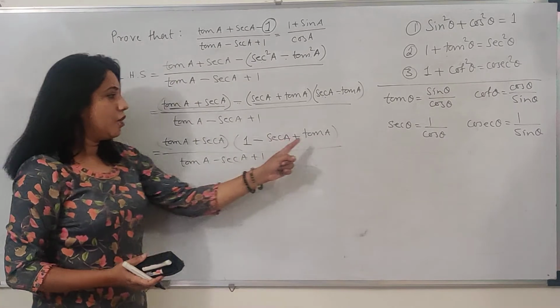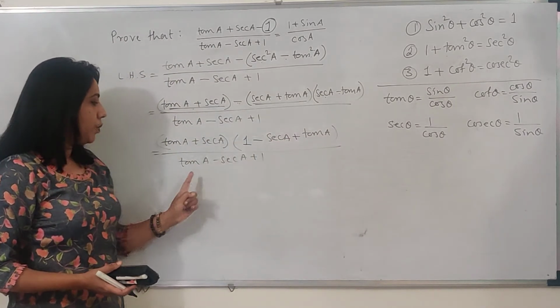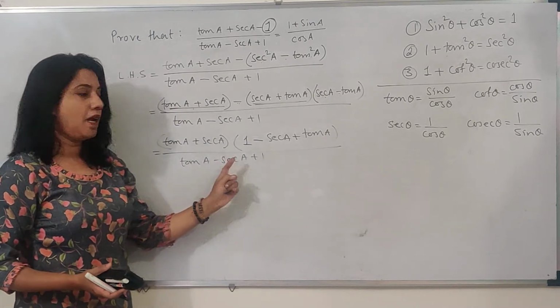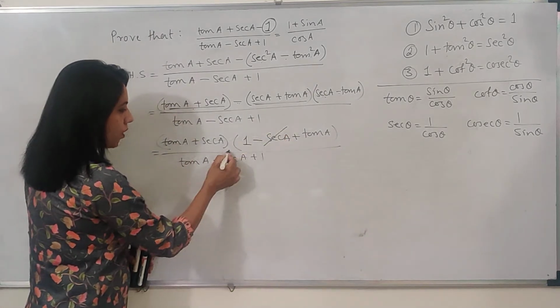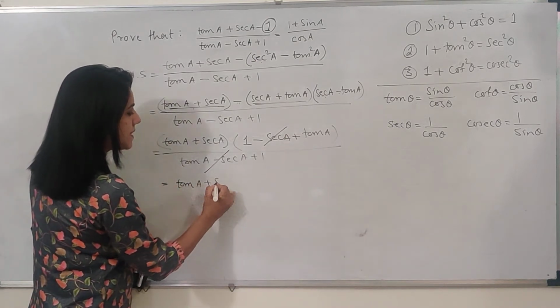Now see, in the numerator also we got tan A minus sec A plus 1, the denominator also tan A minus sec A plus 1. So these two quantities will get cancelled. So we have only tan A plus sec A.